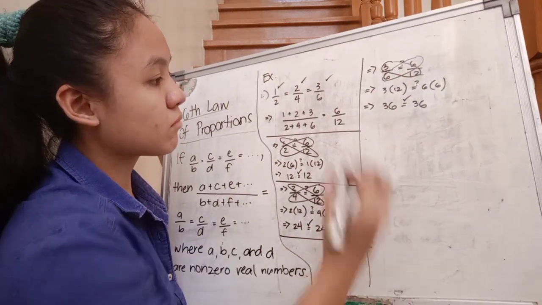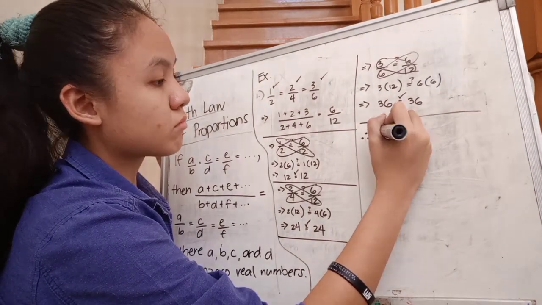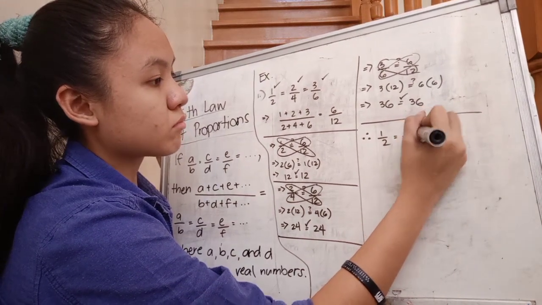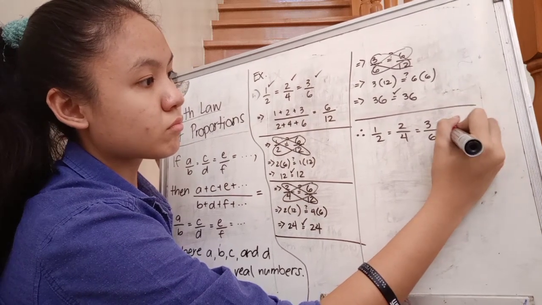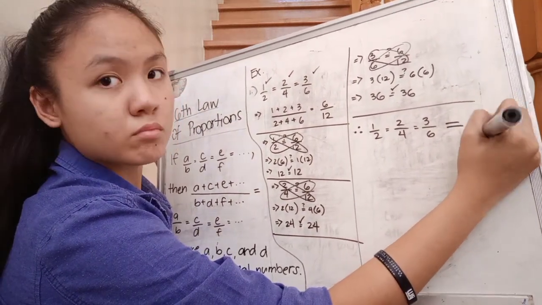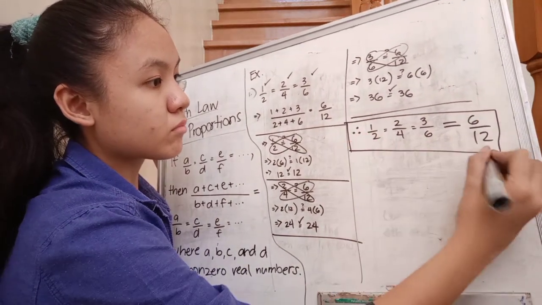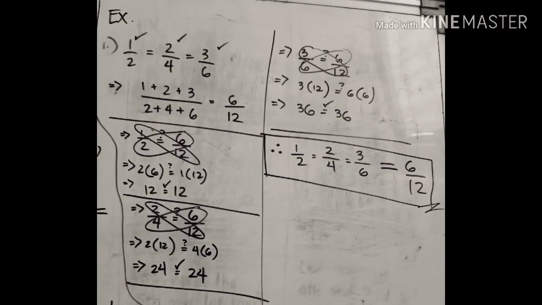Therefore, 3 over 6 is equal to 6 over 12. And in conclusion, 1 over 2 is equal to 2 over 4 is equal to 3 over 6 and is equal to 6 over 12. So in case you didn't see what I wrote, here it is.